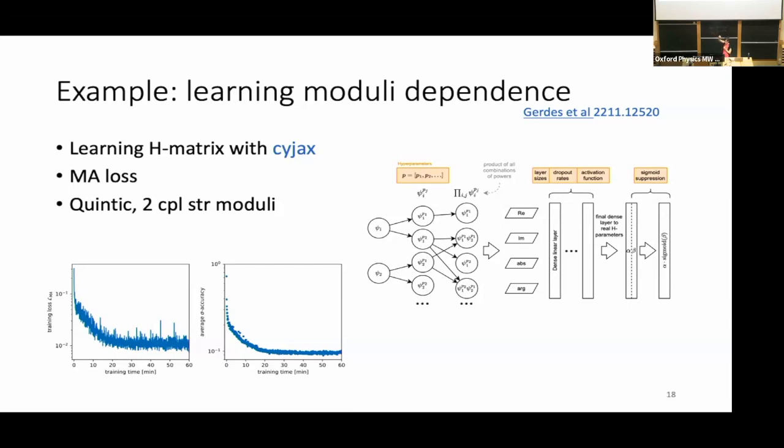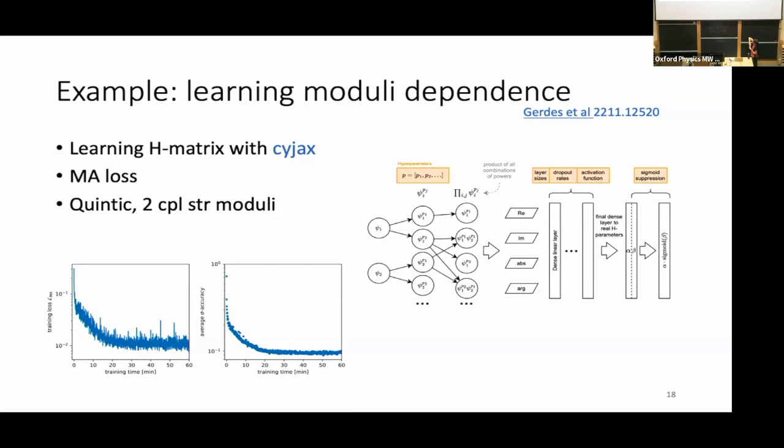They're putting it into products of all combinations of powers, as you see here, and then they're taking real and imaginary parts of that, and then they're feeding that into a neural network which has different activation functions and different connections between the layers. What's shown here in the plots are the training loss and the sigma accuracy plotted against training time for these networks.